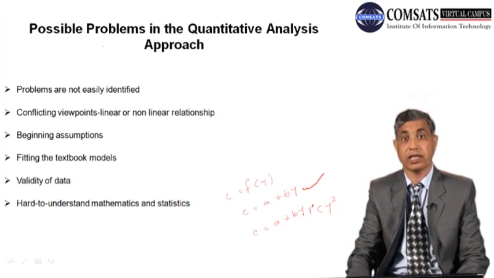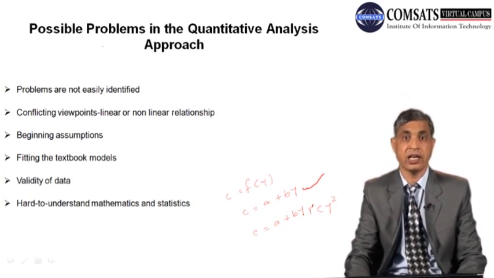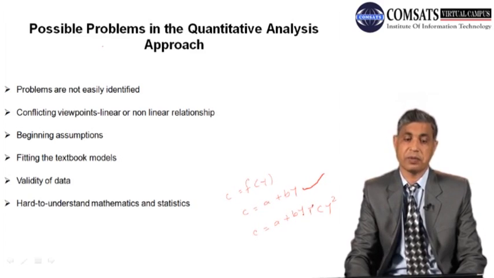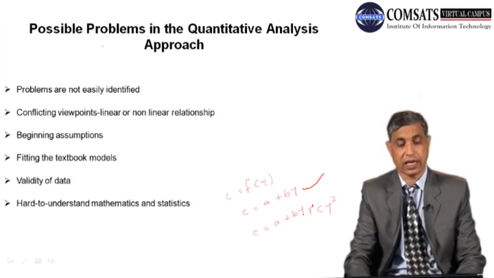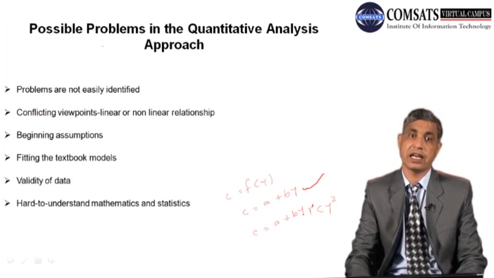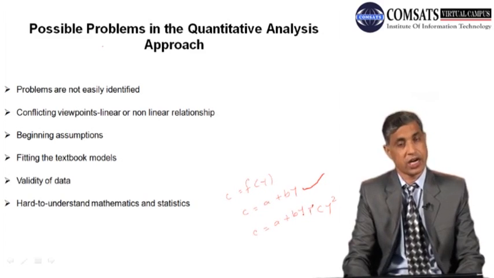But most of the time data collection is very difficult. It has now become an art, and it requires a lot of expertise to enable a researcher to collect the data. The last problem, but not the least, is hard-to-understand mathematics and statistics. Our quantitative techniques are based on mathematical and statistical notation.